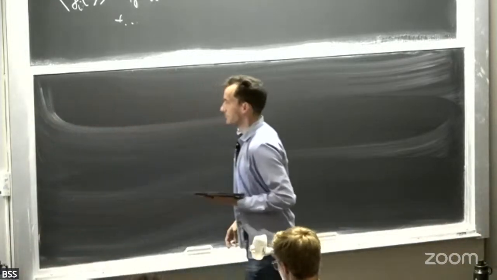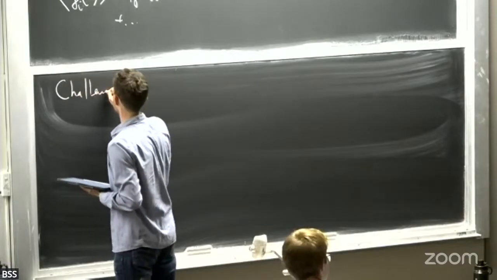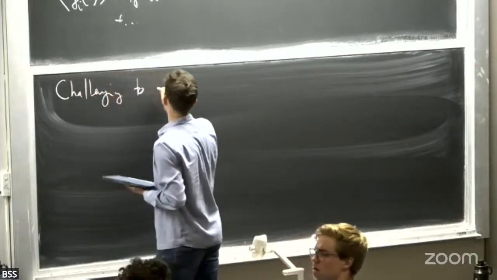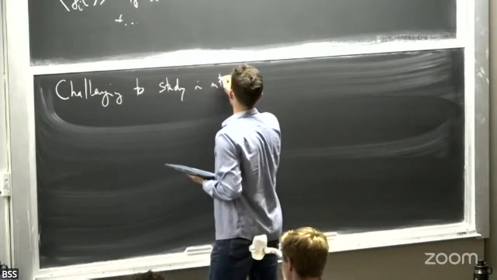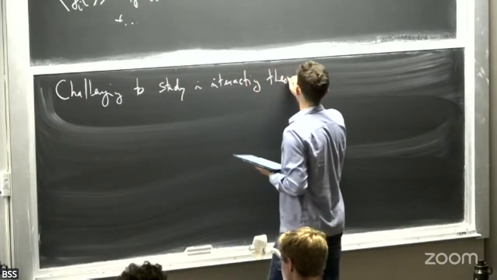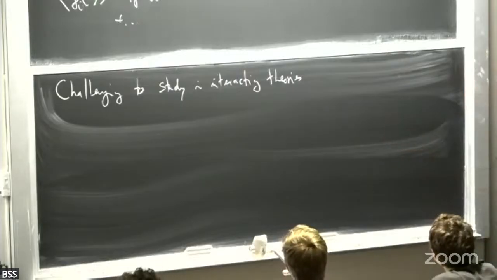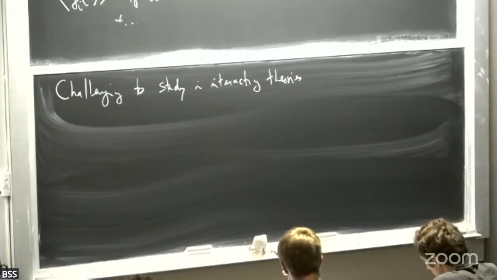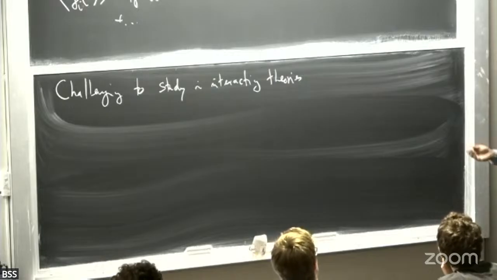Needless to say, they're very challenging to study in interacting theories from microscopics. In fact, even at weak coupling, at finite temperature there's typically a breakdown of perturbation theory, which allows for the emergence of interesting collective phenomena like hydrodynamics.